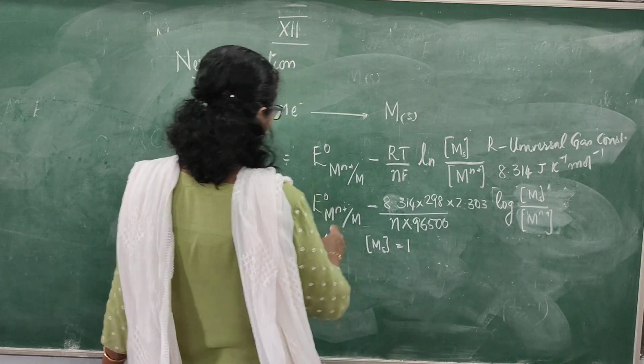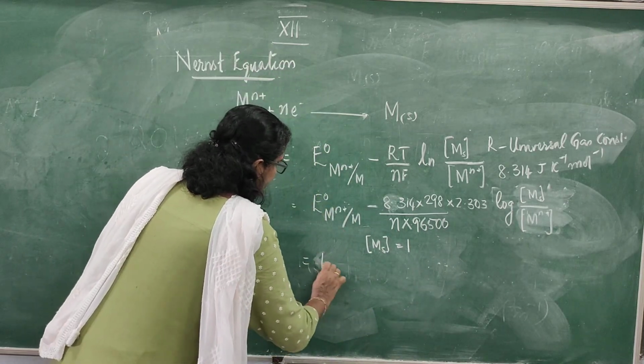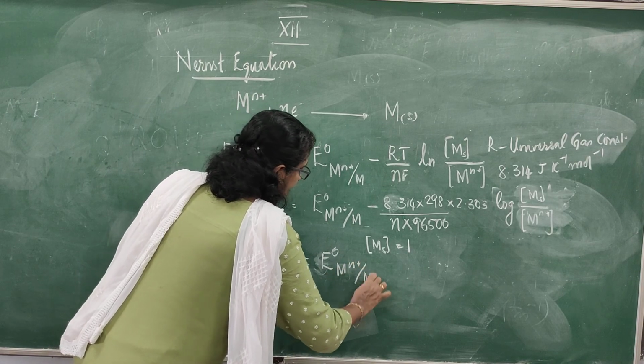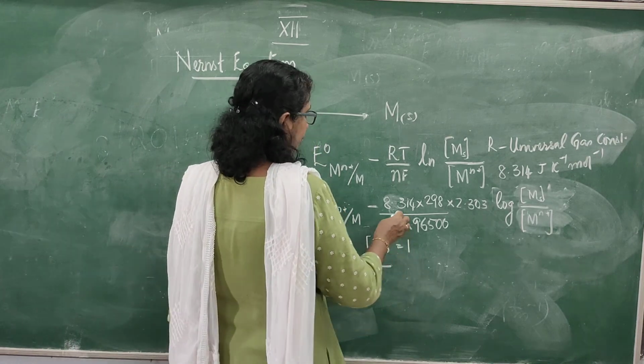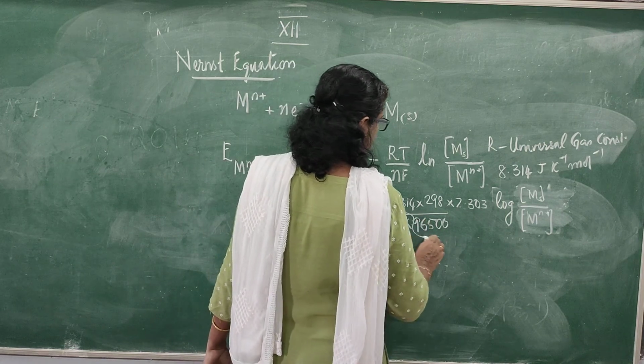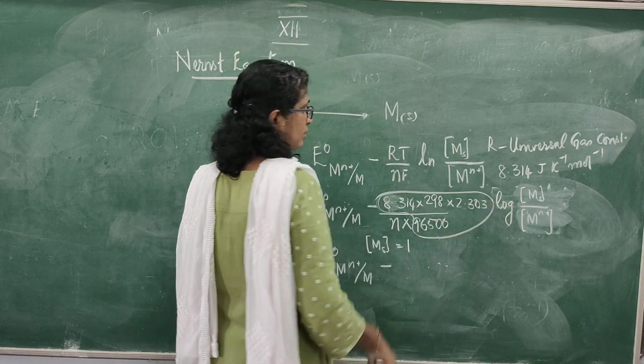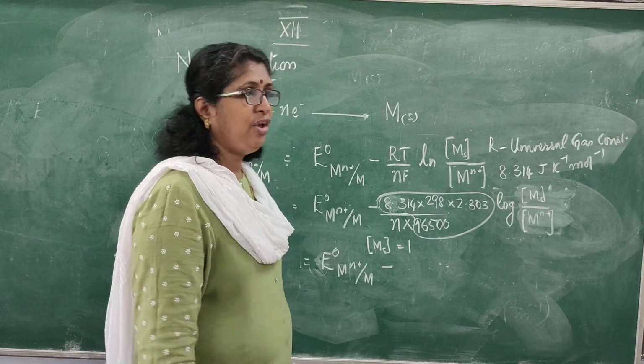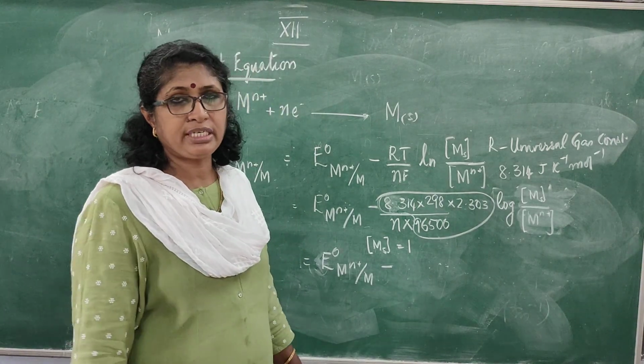So then we can write this as E naught of Mn+/M minus a constant. If you multiply all these, these are all constants and will not change. Temperature we are keeping constant; we are changing only the concentration.